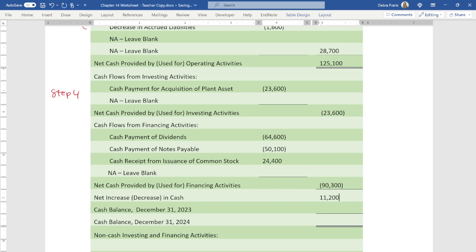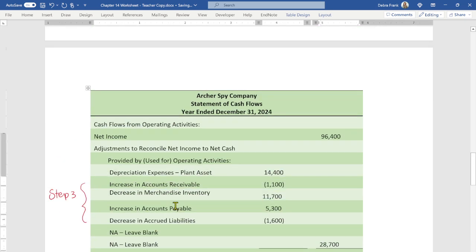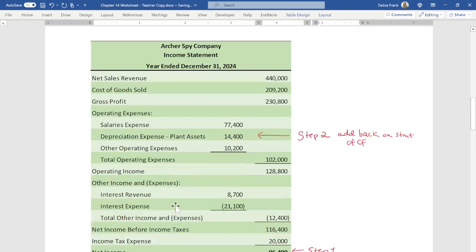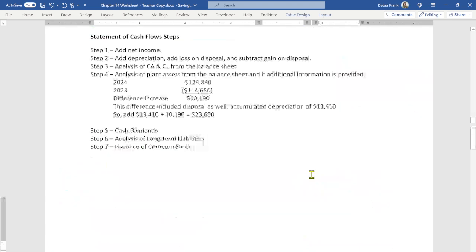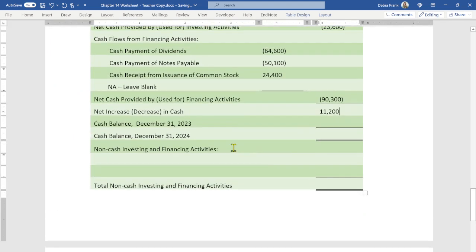All right, so now we can go back and look at our cash balance at December 31st, 2023. We go back to our balance sheet and we can see that it was 15,700. Let's put that in.